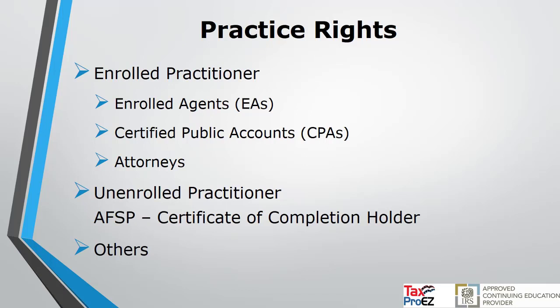This is a new category that came about as a result of the Loving versus IRS case that abolished the old RTRP, the Registered Tax Return Preparer program, that occurred several years ago and then was overturned by a circuit court decision. And then we'll look at other people that have the right to gain information but have no representation rights before the IRS.